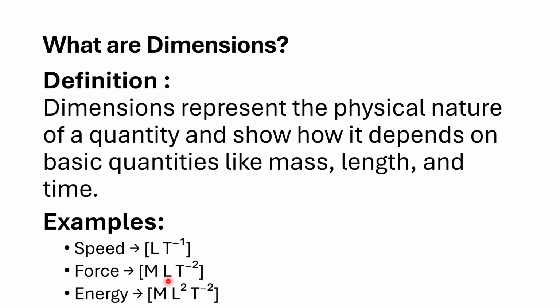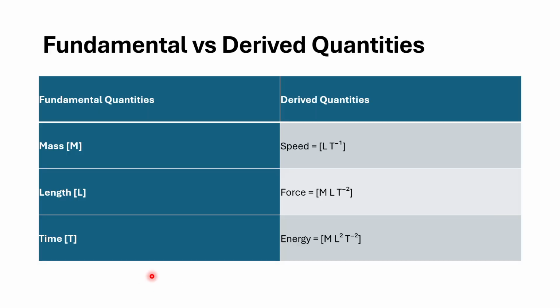Force is M L T to the minus 2, energy is M L squared T to the minus 2. These are some examples. We will discuss how to find the dimensions of different physical quantities in detail in the upcoming lectures, and we'll deep dive into it.